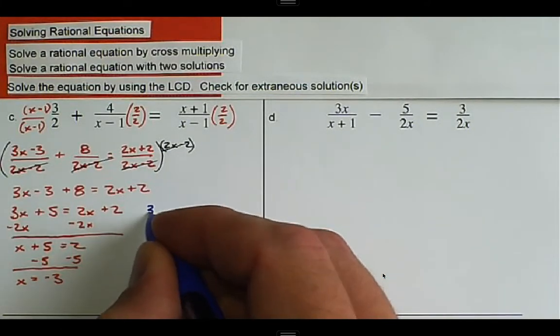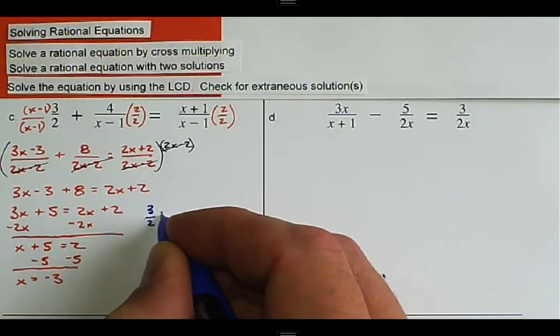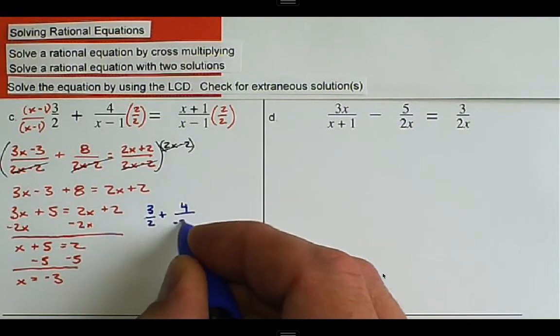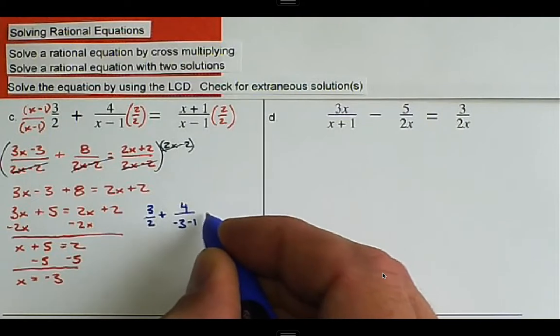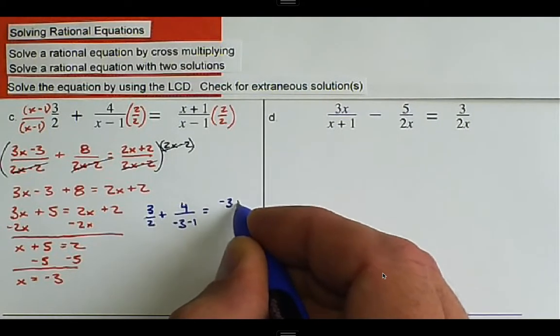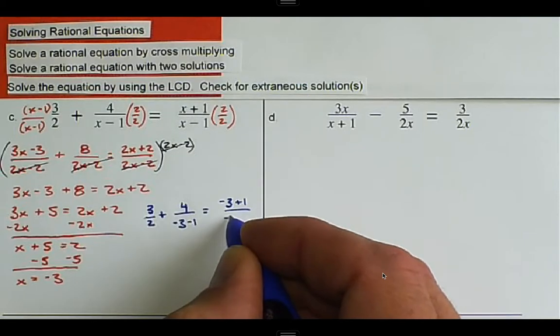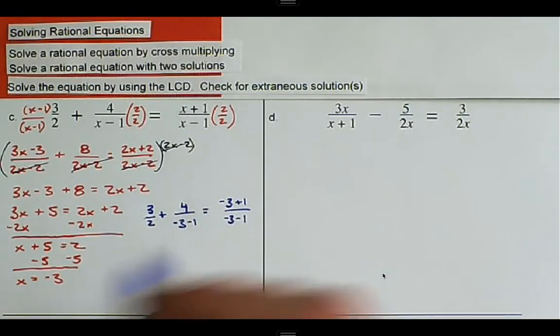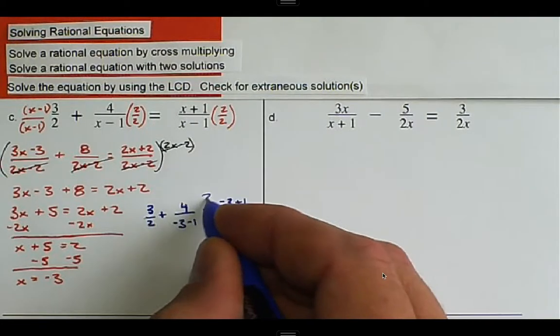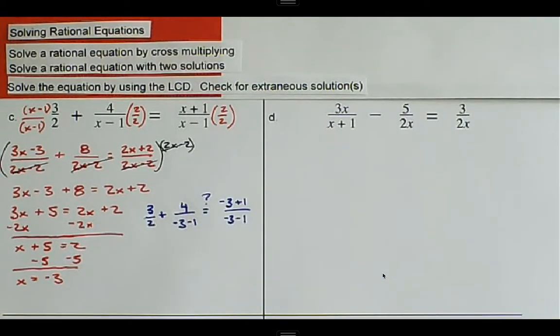So 3 over 2 plus 4 over negative 3 minus 1 is equal to negative 3 plus 1 over negative 3 minus 1. Just want to make sure I have that written down correctly. It looks like I do. And we're checking that, so I put the question mark there because we're checking to make sure that it does work.